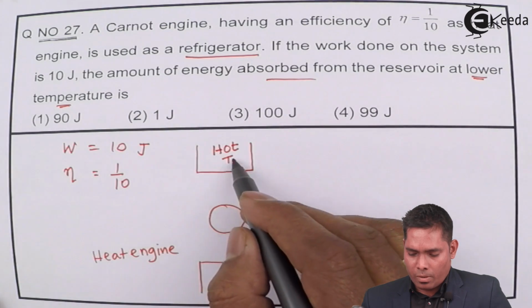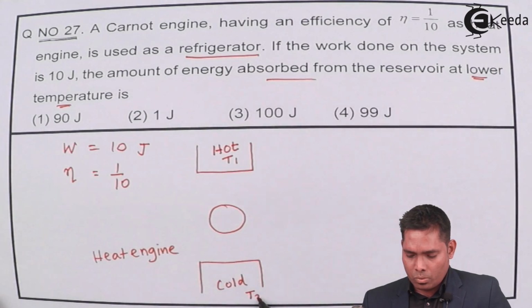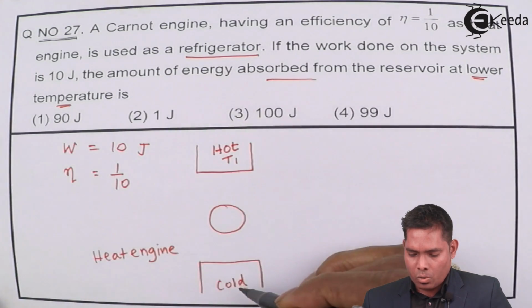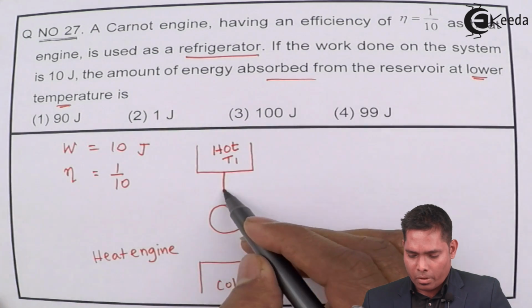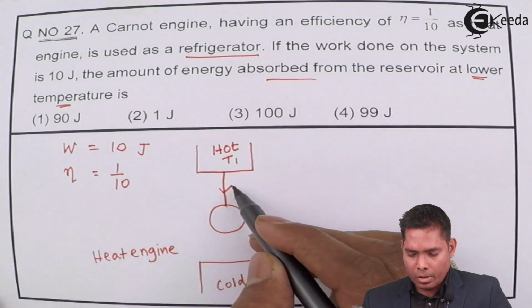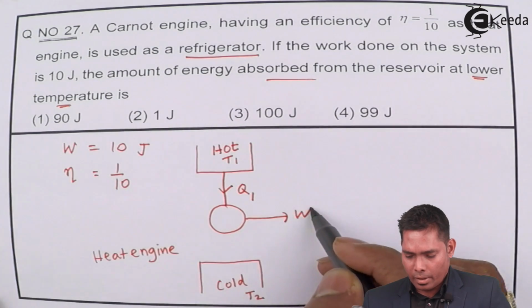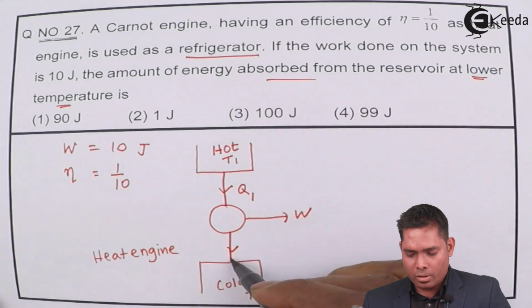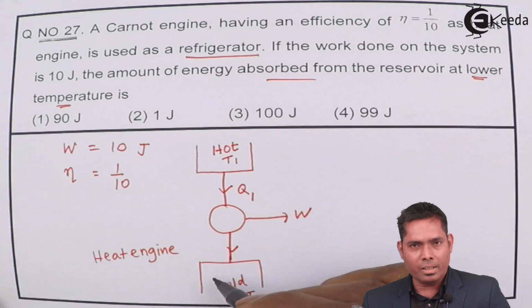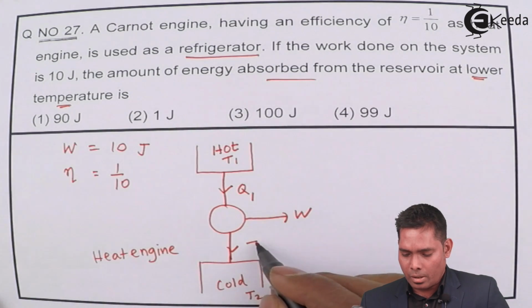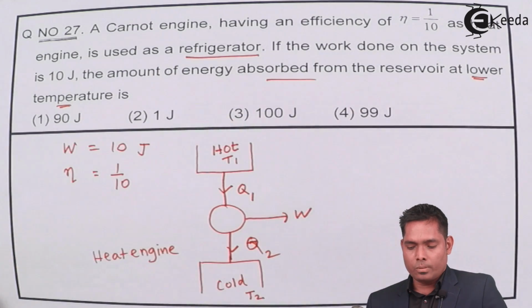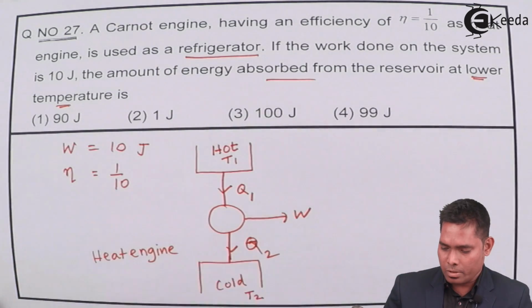Its temperature is T1, its temperature is T2. This is the hot body, this is the cold body. Heat is taken from the hot reservoir. Q1 is the amount of heat taken, it does some work and returns the remaining to the sink. This is also known as the sink. The amount of heat that is rejected to the sink is Q2. This is how a heat engine works.